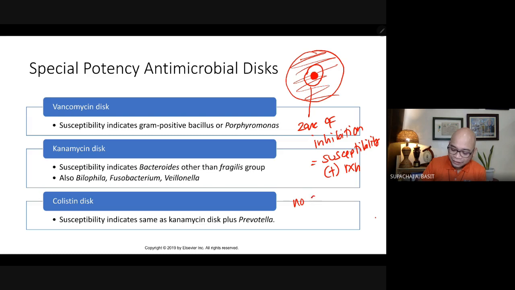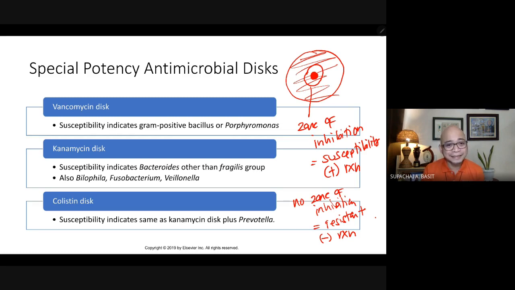Absence of a zone of inhibition is interpreted as resistant, and also as a negative reaction. For the vancomycin disk, susceptibility indicates gram-positive bacillus or Porphyromonas.